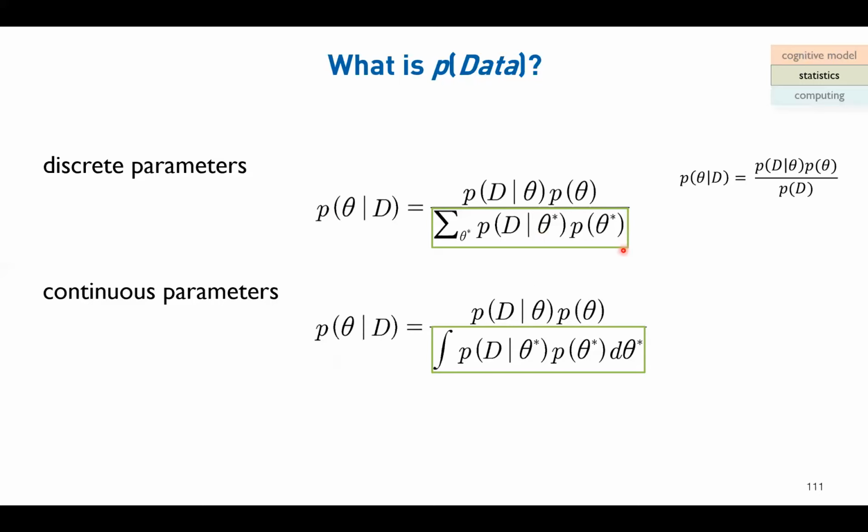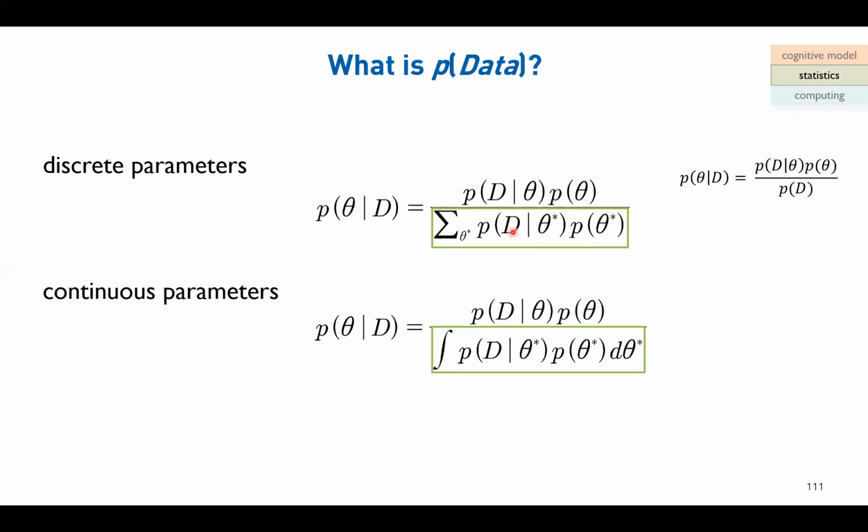The purpose of the P of data is basically to normalize. We know that this part is not a probability. This is a probability, but the product, because this one is not a probability, is also not a probability. And then we have to normalize that so that the left-hand side of the equation is a probability.